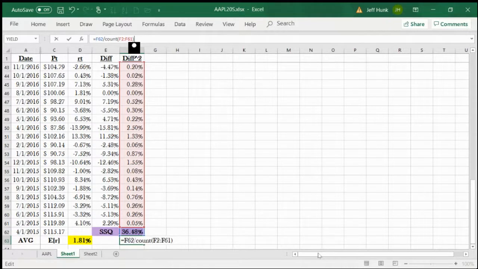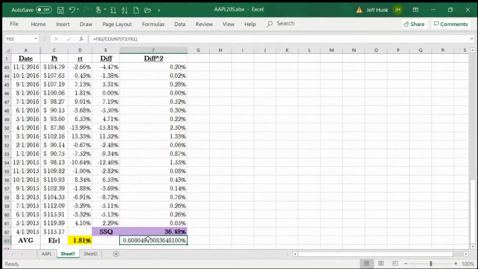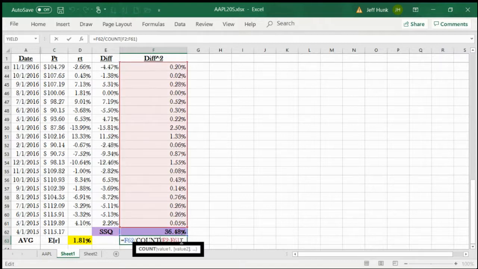You might think, okay, that's good, we got that. No, not yet. Why? One thing you have forgotten is that this has a statistical characteristic called a loss of 1 degree of freedom.